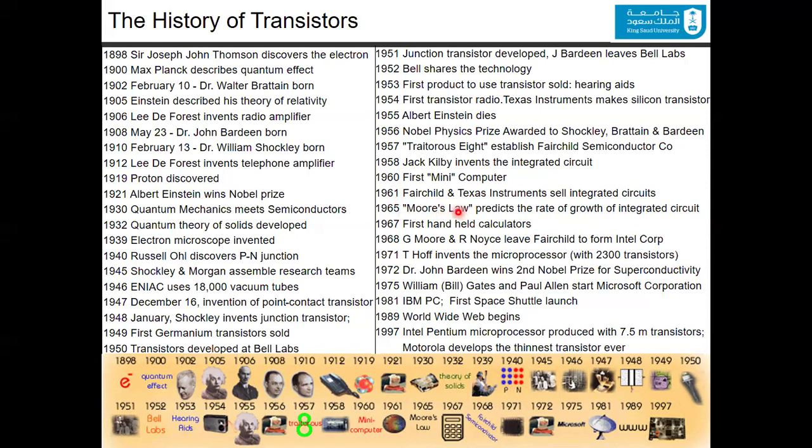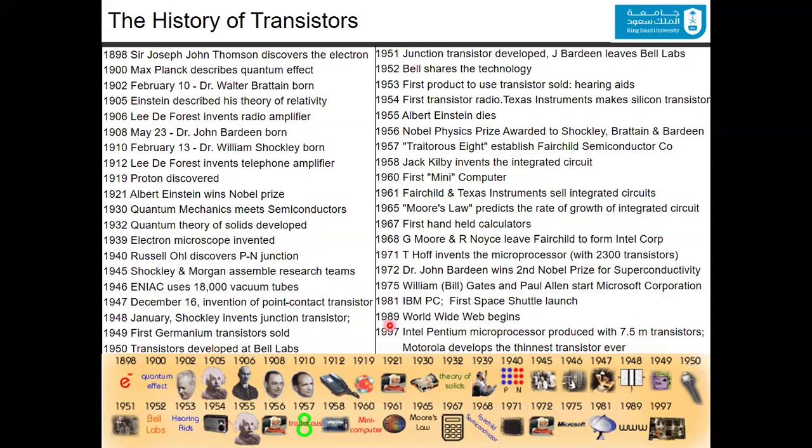Moore published his paper in 1965, and he was predicting the rate of growth of the integrated circuit. After this, as you can see all the way down, in 1989, we have the World Wide Web, which is the internet and what we see today. And after that, one of the famous old processors, the Pentium, was developed in 1997 with 7.5 million transistors.